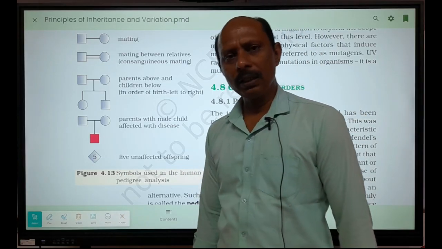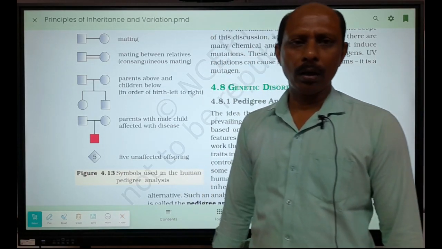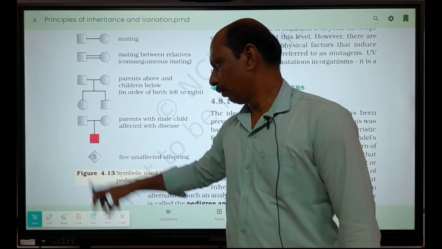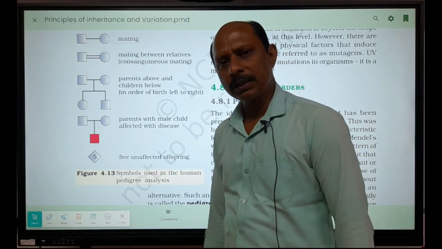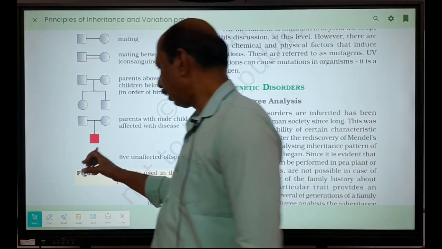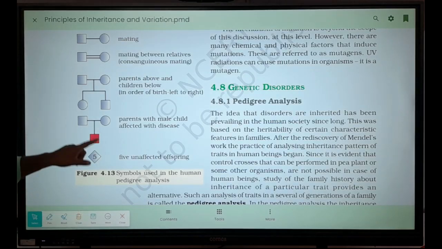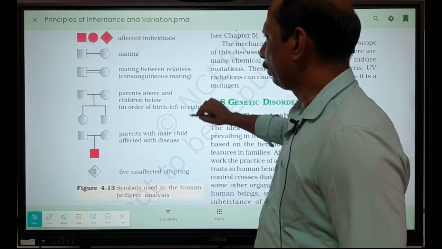Here it is neither a square nor a circle, which means unspecified, unaffected, 5 offspring. So only these symbols are given in our NCERT, but some more symbols also exist.